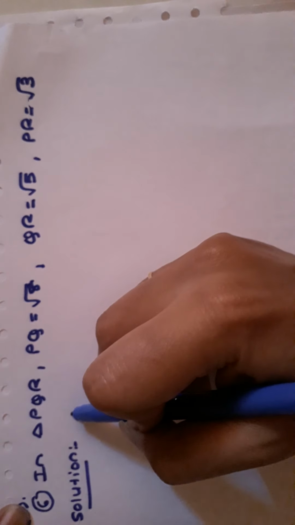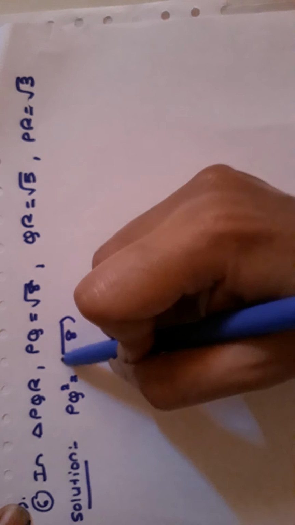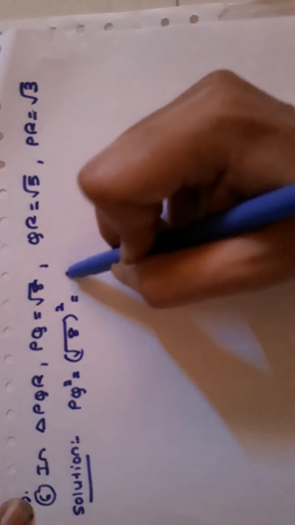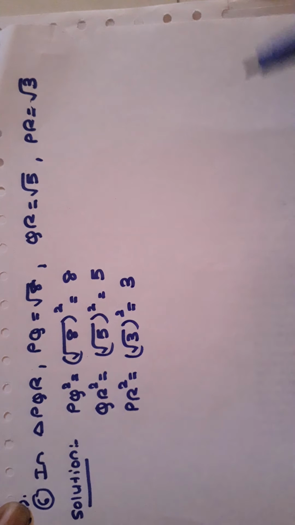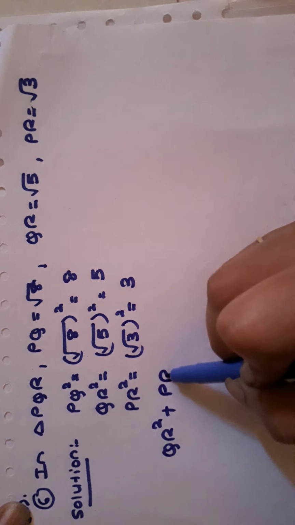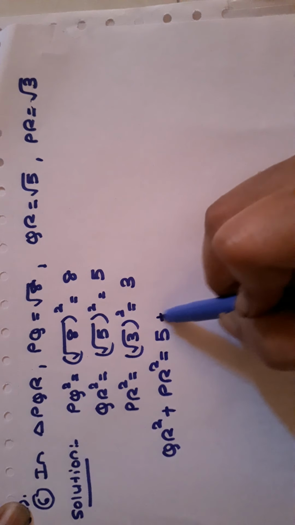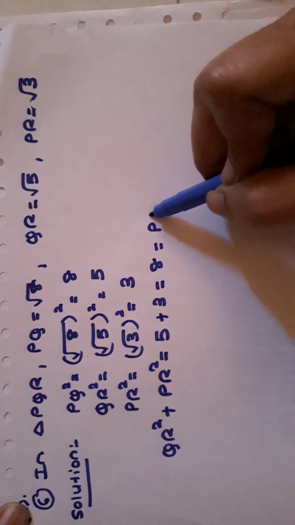Solution. PQ square is root of 8 square, that is 8. QR square is root of 5 square, that is 5. And PR square is root of 3 square, that is 3. QR square plus PR square is 5 plus 3 and it is equal to 8, and this is same as PQ square.